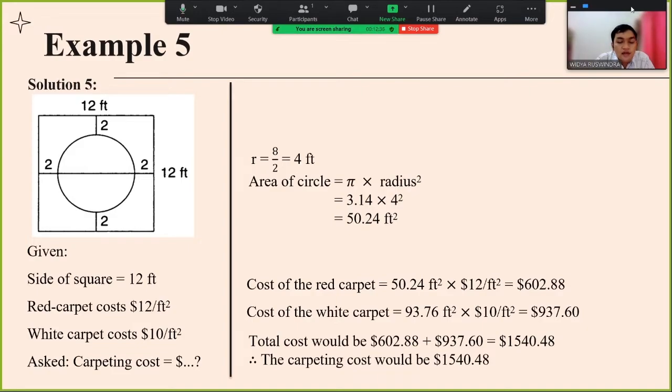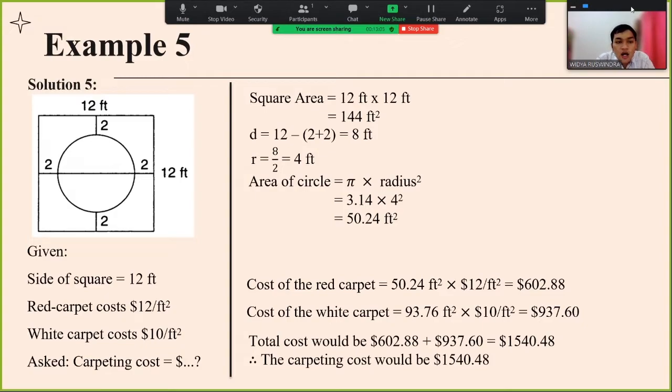White carpet cost is $10 per square foot. As the carpeting cost is in dollars, we must calculate the square area, which equals 12 feet times 12 feet equals 144 square feet.